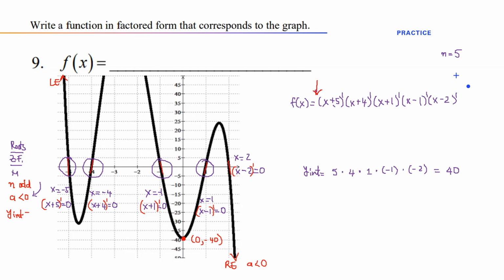But the thing is, our y-intercept is negative 40, not 40. That's when we have to go back and check for a, right? In this case, we already checked it, so a is negative. We just put the negative in the front because the y-intercept only needs one negative. So a in this case is negative 1.